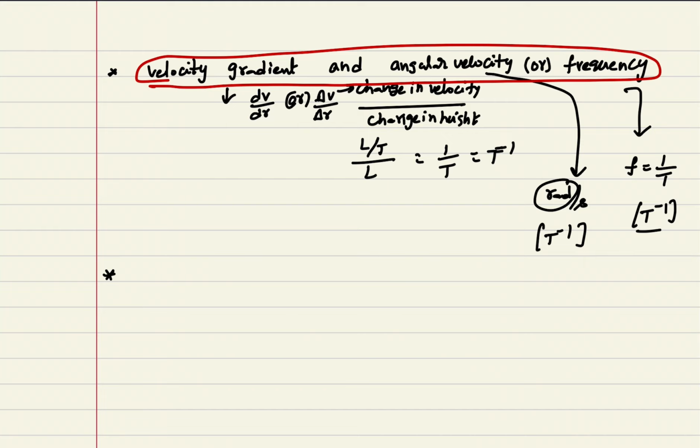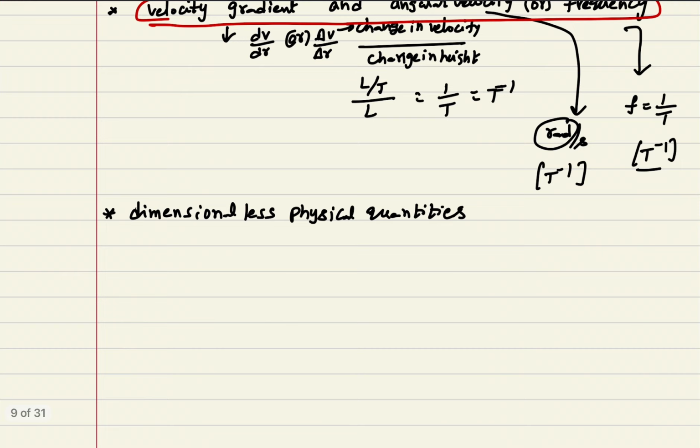There are some physical quantities, but they are dimensionless. Dimensionless physical quantities. For example, I will write the relative density.